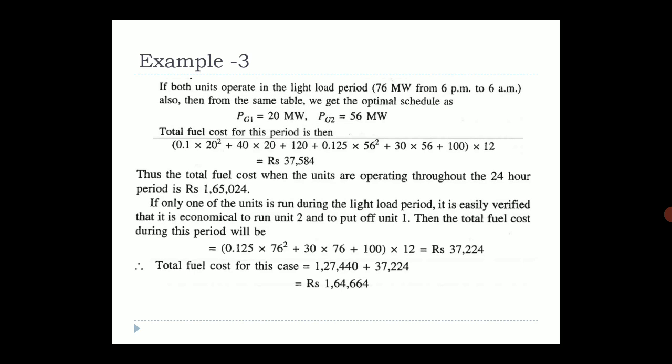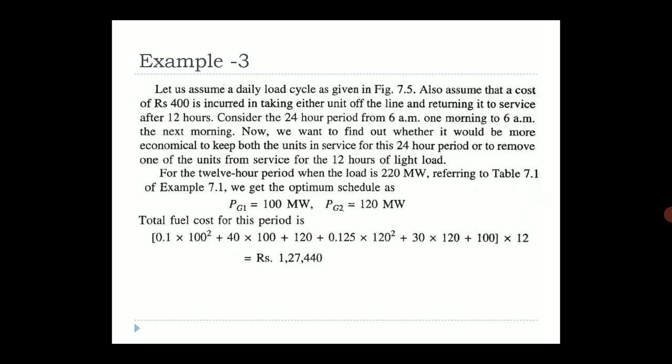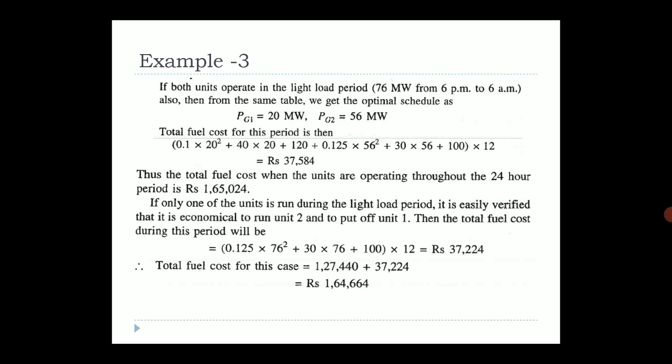Using that value, you get the total fuel cost of 37,584. So for the entire day, the fuel cost is 37,584 plus 1,27,440. That gives you 1,65,024 rupees for the entire 24-hour period.